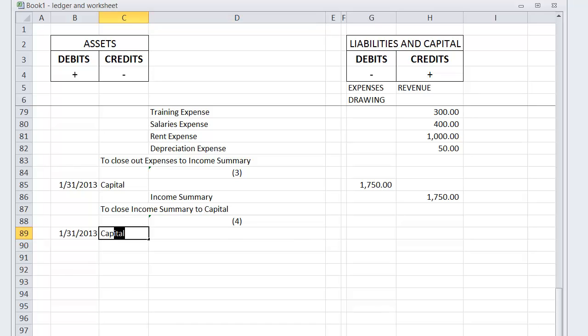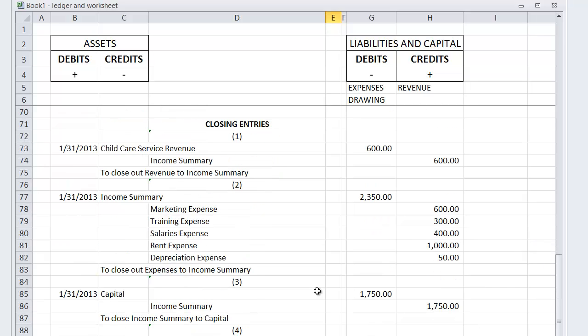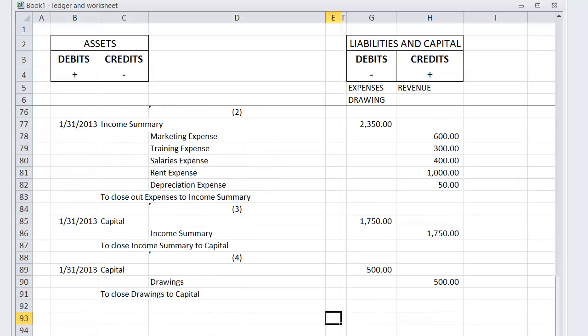So we're going to do capital 500, and we're going to credit drawings, to close out drawings to capital.